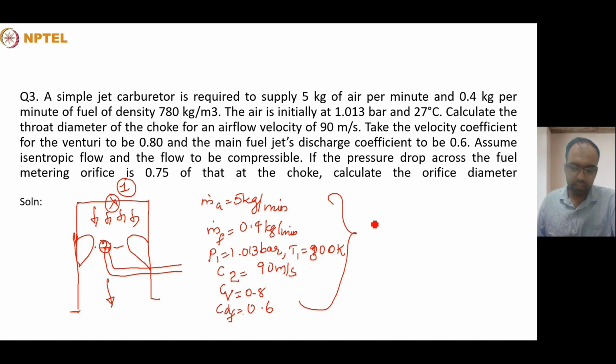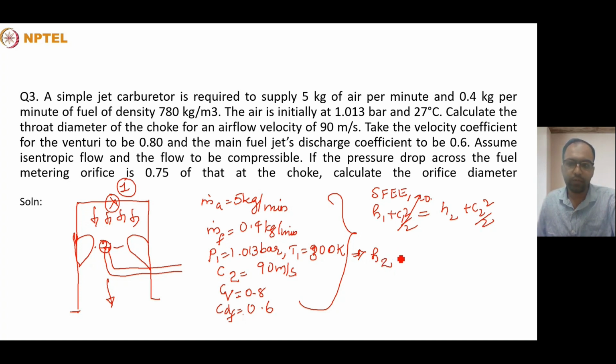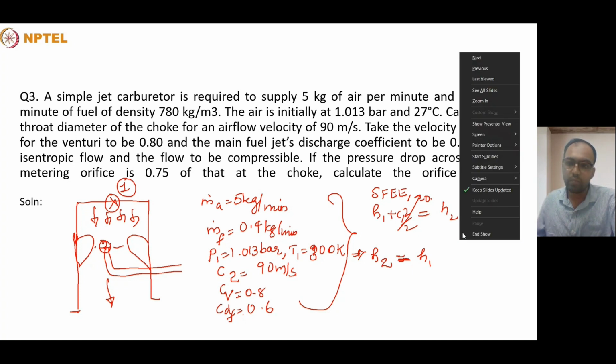After applying the steady flow energy equation across 1 and 2, we get H1 plus C1 squared divided by 2 is equal to H2 plus C2 squared by 2. Initially, it will be at 0 velocity. So compared to the choke velocity, the velocity at the inlet will be negligible. So H1 minus H2 is equal to C2 squared by 2.